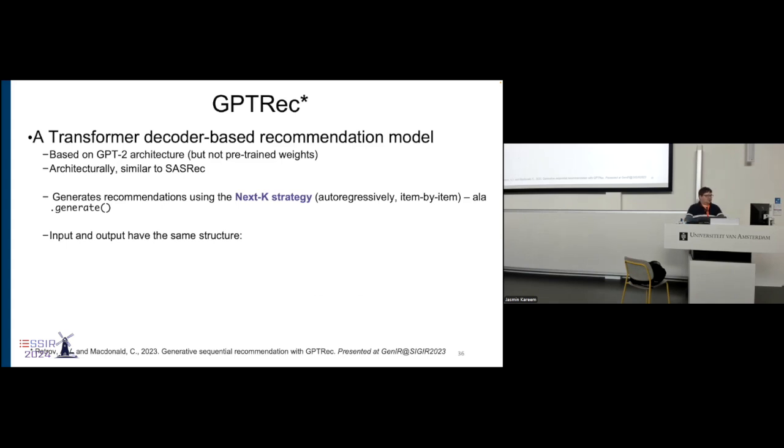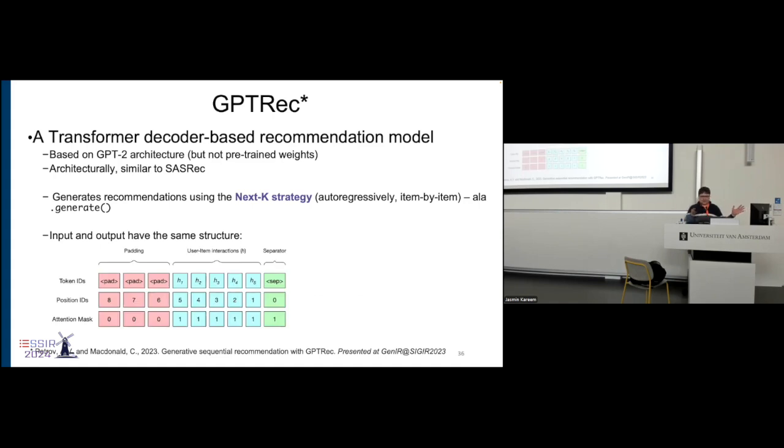Okay, so to do that, we implemented an approach called GPT-Rec. It is very similar to SASRec, but instead of predicting one single token and sorting by probability, it produces recommendations autoregressively. It starts with an input that contains my history, then a separator that signals the history ends, and then it generates recommendations one by one.